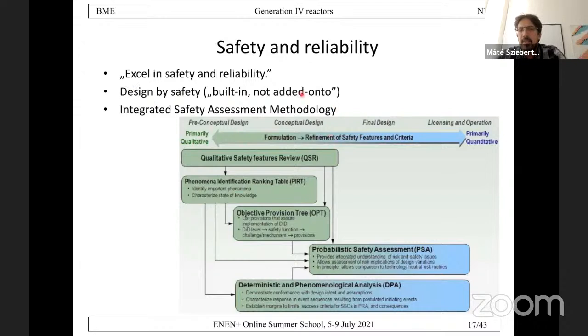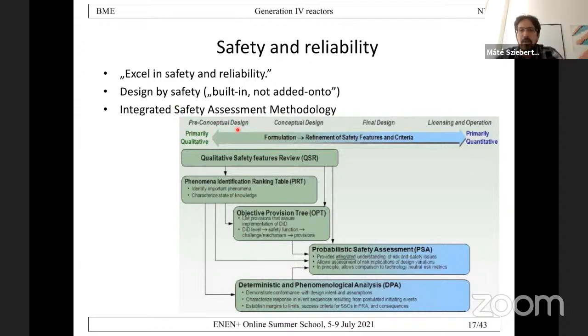In this Generation 4 International Forum, a new methodology, called the Integrated Safety Assessment Methodology, has been developed. And the big novelty of this is that it starts already in the phase of the preconceptual design.